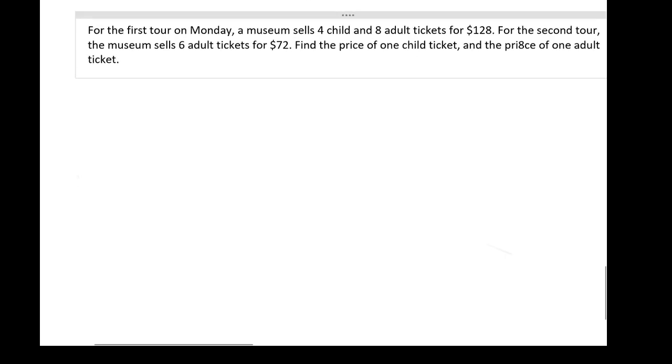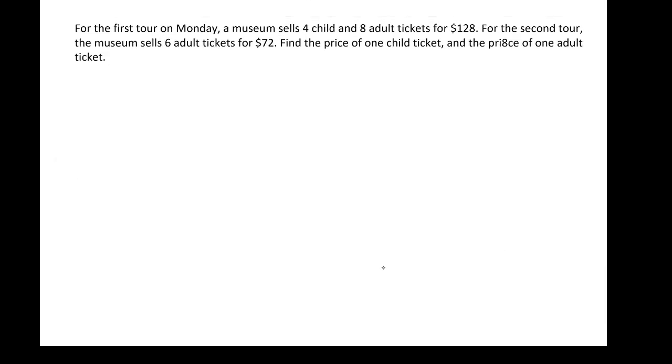Okay, so what we're going to say here is that we're going to have two variables. We need to define those. We have x and we have y. x is going to be the price of a child ticket, and y is going to be the price of an adult ticket.